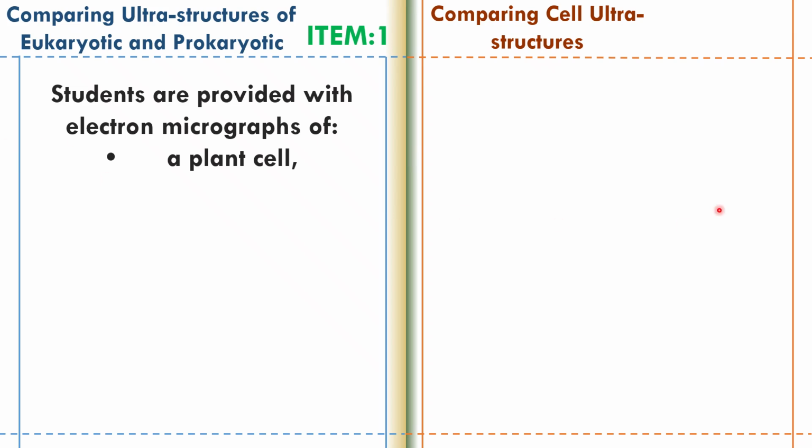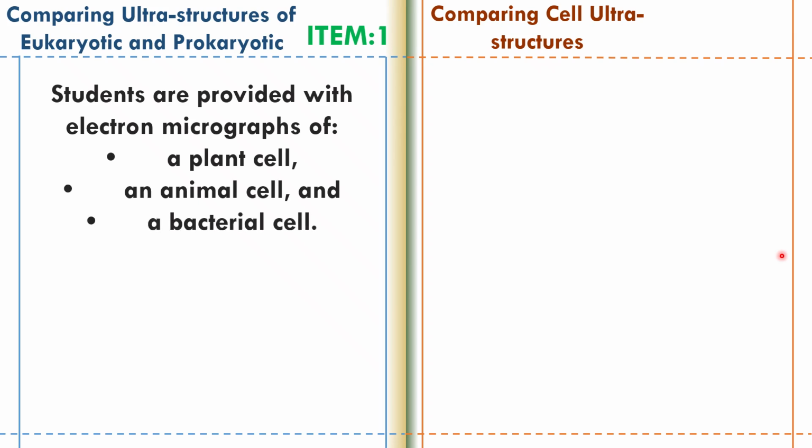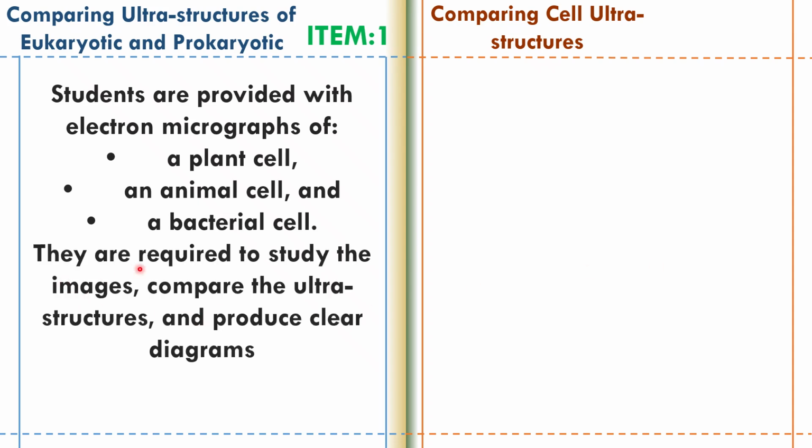Students are provided with electronic micrographs of plant cells, animal cells, and a bacterial cell. They are required to study the images, compare the ultrastructures, and produce clear diagrams.